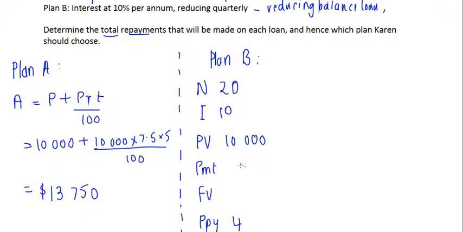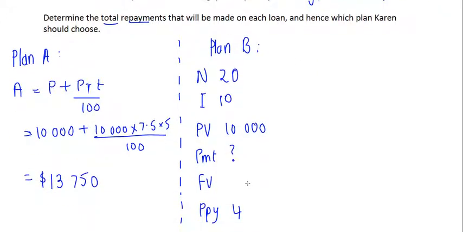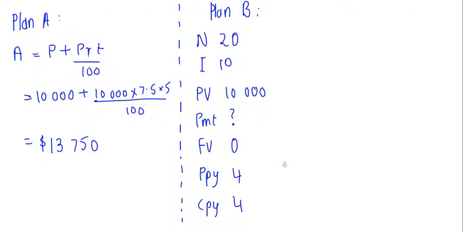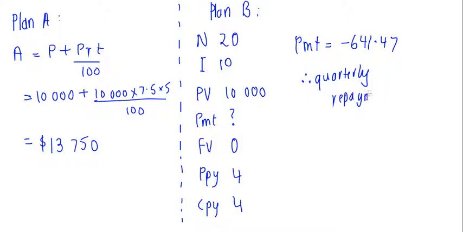Payment, well, we're going to try and find that. And future value should be 0 because she wants to pay off the car in that time. When you put that into Finance Solver, we get PMT. It's negative, we expect it to be negative as it's being given to the bank. So quarterly repayment is $641.47.